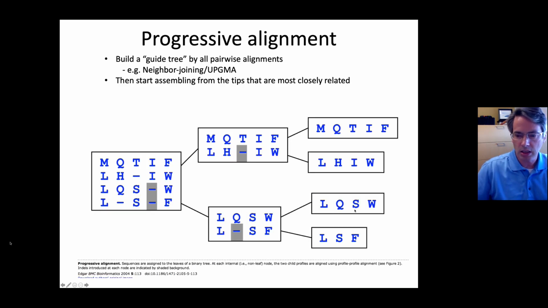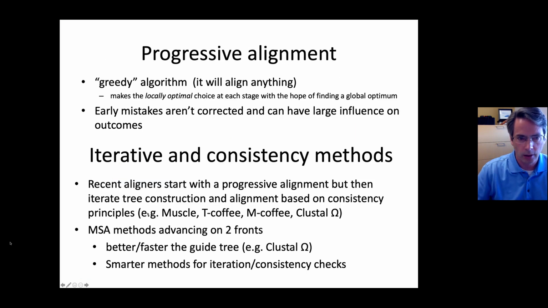So if you have early mistakes here, you've got this indel in the wrong place, and that is going to have implications as you work backward into the larger and larger alignment. Okay, so strictly progressive algorithms are making that local optimal choice, which means that first choice of which ones to align, and you're hoping that you aren't making mistakes.